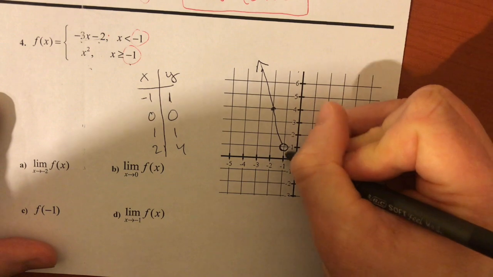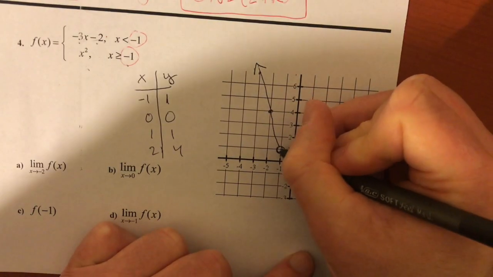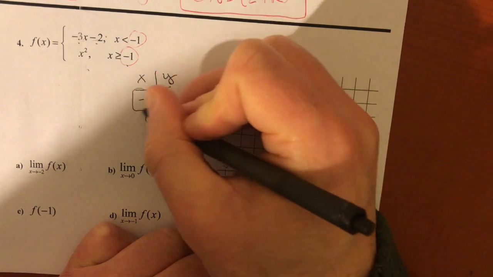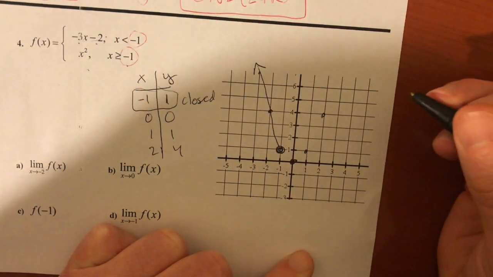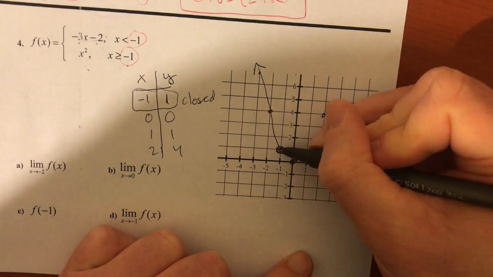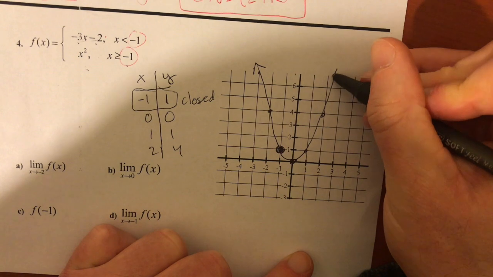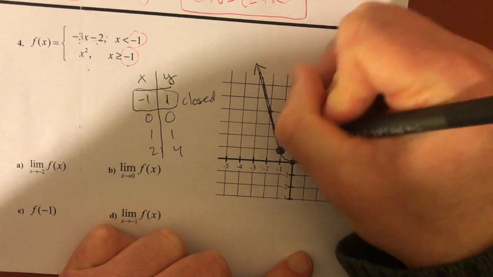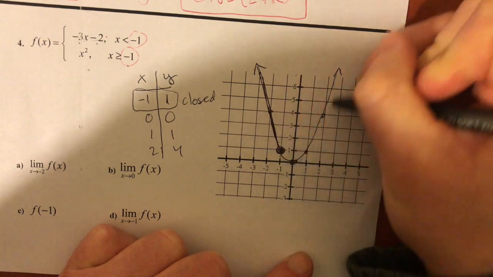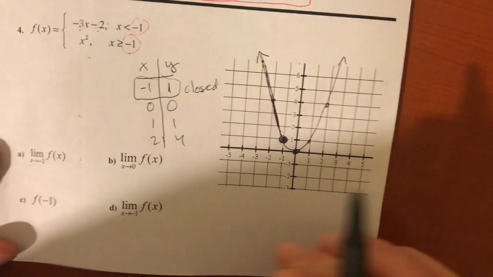So you get this. And since this point is a closed circle, because we're including -1, it actually fills this hole from that other graph, which just means that the pieces are connected. We have a line on this side, and it's connected perfectly to this parabola. There's no break, there's no discontinuity.